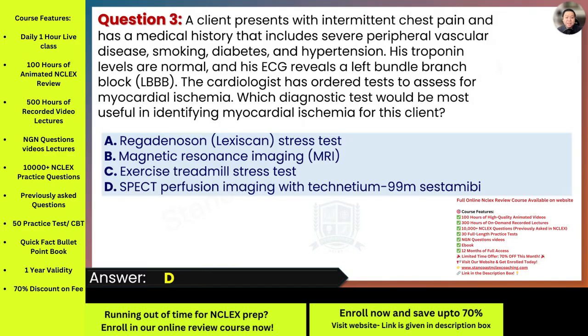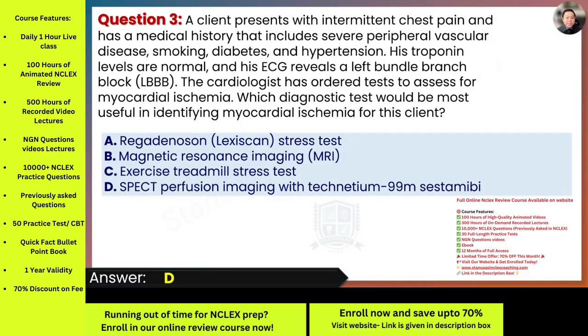If certain areas receive less blood during stress but it improves at rest, that is a clear sign of ischemia. Unlike ECG-based tests, SPECT can directly visualize the perfusion, which makes it much more reliable for patients with LBBB, where ECG findings can be misleading.